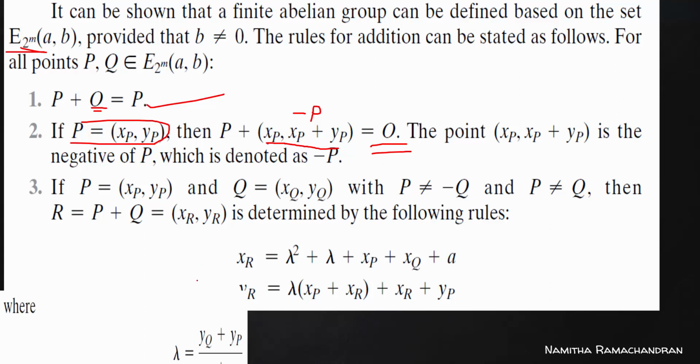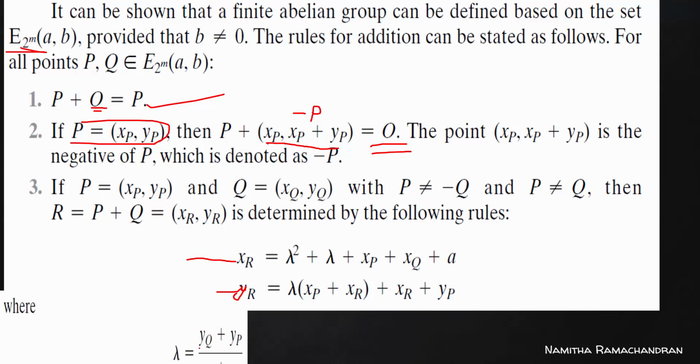And similarly, if two different points are given like P and Q, P with coordinate xp, yp and Q with coordinate xq, yq, here we have defined formulas for getting the sum coordinate. P plus Q equal to R, the coordinate of R will be xR and yR. This is the formula for getting xR and this is the formula for getting yR. xR is lambda square plus lambda plus xp plus xq plus a. This lambda means the slope.